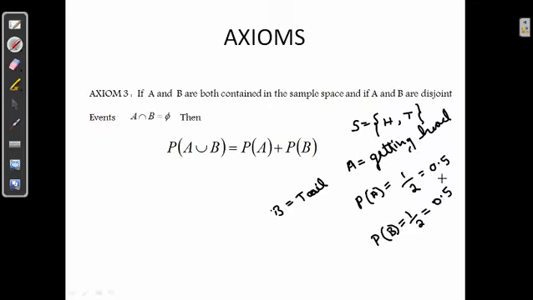When you add these two, you get the entire sample space: 0.5 plus 0.5 is 1. From the earlier theorem, you know that probability of the sample space is always equal to 1. So I got the result, which is perfectly all right. So this is your axiom number 3.